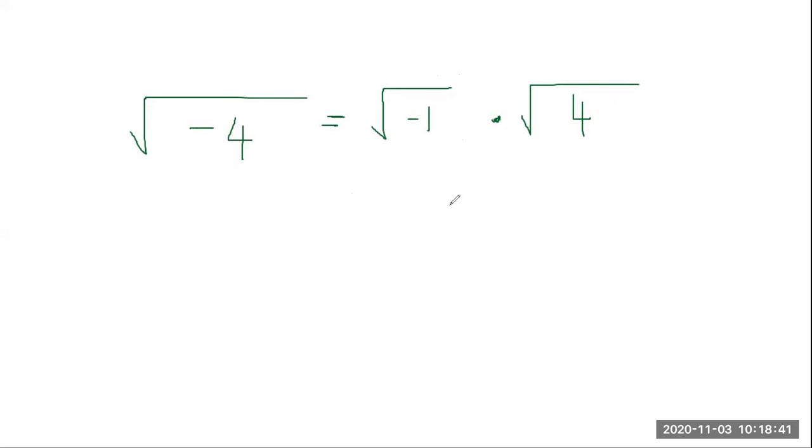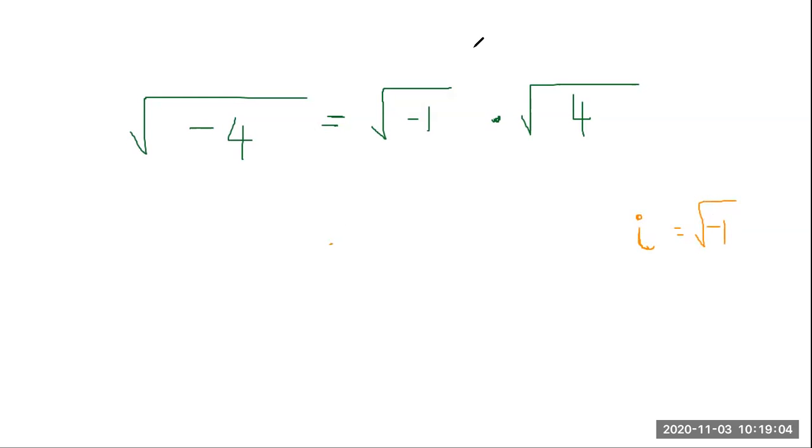Now what I'm gonna do, I'm gonna introduce this new term, i. In mathematics, i is equal to the square root of -1. So wherever I see the square root of -1, I can replace it with i.